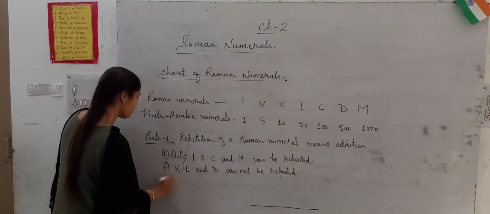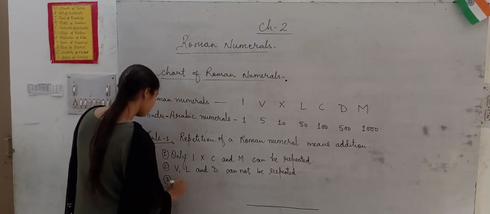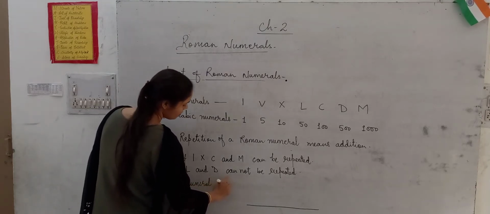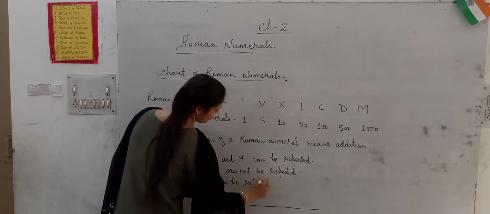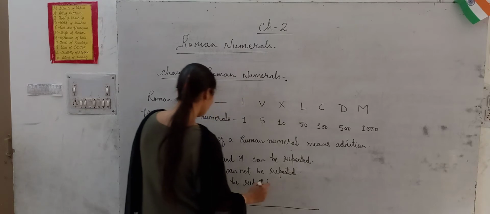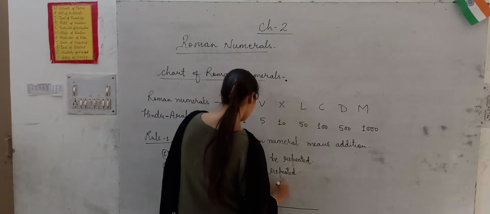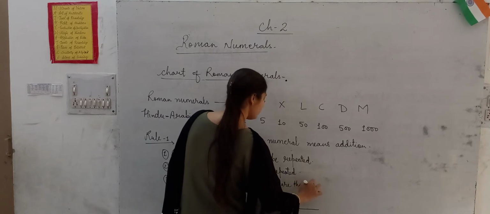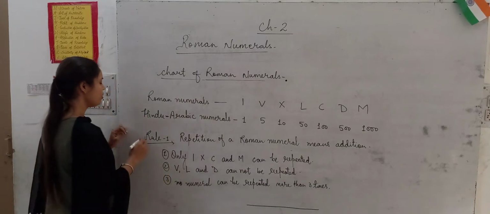Point number 3 is no numeral can be repeated more than 3 times. I told you earlier we can write a Roman numeral only 3 times, not more than 3 times. This is the rule number 1 for Romans.